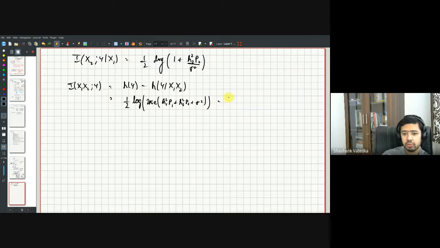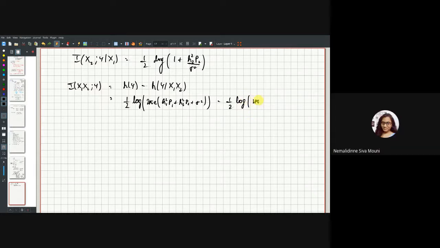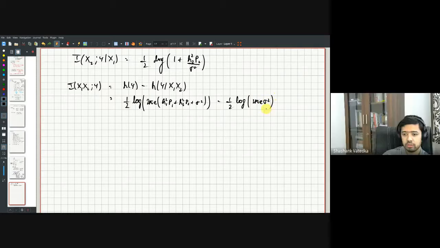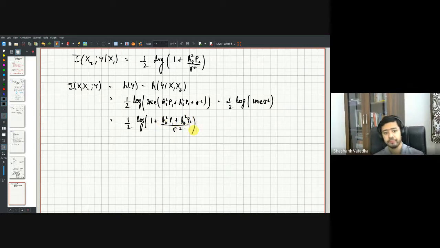Right, and what is h of y given x1, x2? Just sigma square. So this will evaluate to half log 1 plus h1 square p1 plus h2 square p2 whole divided by sigma square. Right, so the sum rate should be less than or equal to this, and the individual rates should be less than or equal to these.